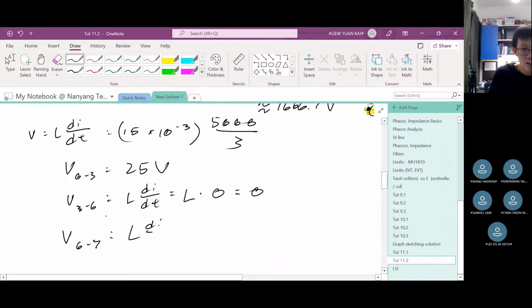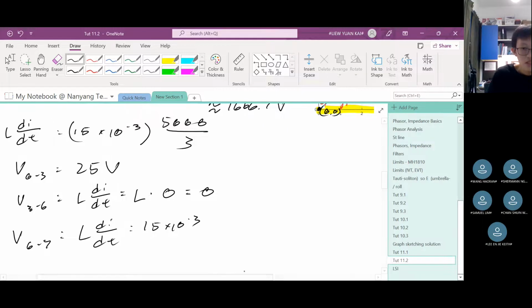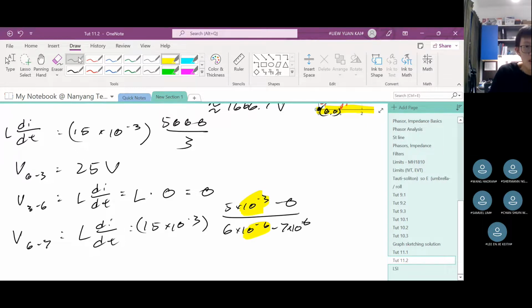So L di/dt is given by 15 millihenries times the gradient. So the gradient is given by y2 minus y1 over x2 minus x1. Okay, don't forget to account for the micro and milli. This is milli, this is micro. Then you punch this, you should get negative 75 volts.